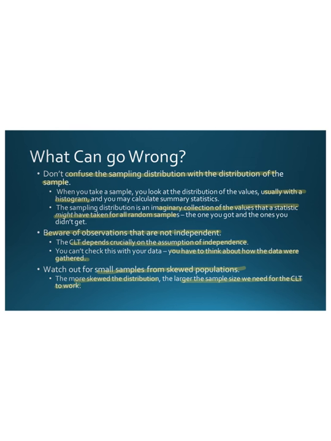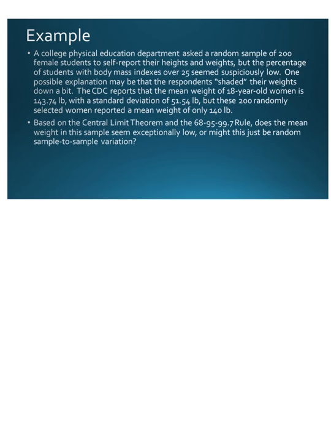All we have left now are examples. A college physical education department asked a random sample of 200 female students to self-report their heights and weights, but the percentage of students with body mass indexes over 25 seems suspiciously low. One possible explanation may be that the respondents "shaded" their weights down a bit.